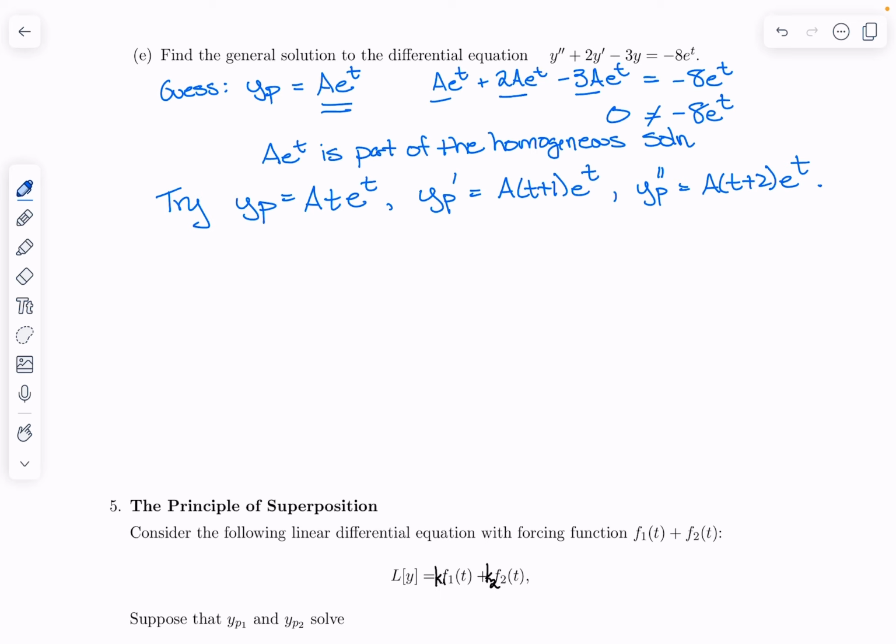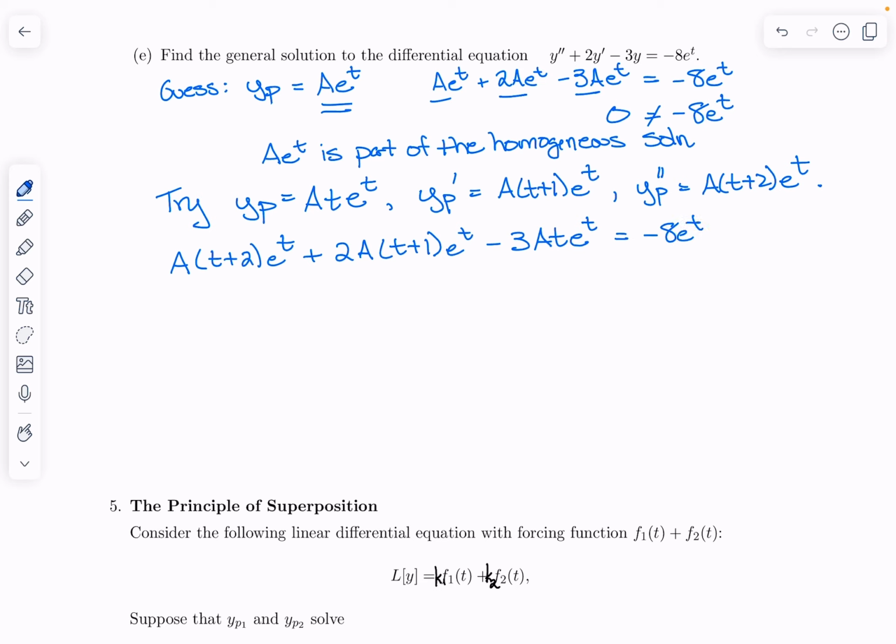I'm going to plug that into the differential equation. It says that y double prime, which is a times (t plus 2) e to the t, plus 2y prime, which is 2a times (t plus 1) e to the t, minus 3y, which is 3at e to the t, must indeed equal negative 8 e to the t.